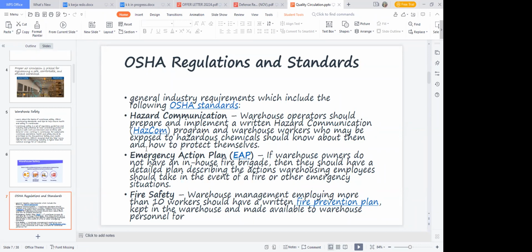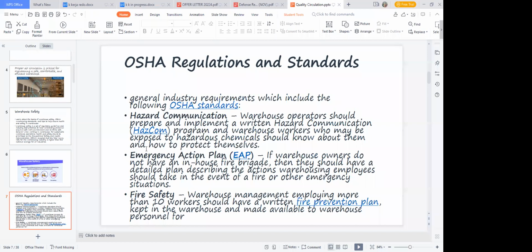OSHA focuses on the hazard, trying to minimize accidents in this warehouse. And OSHA also has come up with guidance, what I call an emergency action plan.